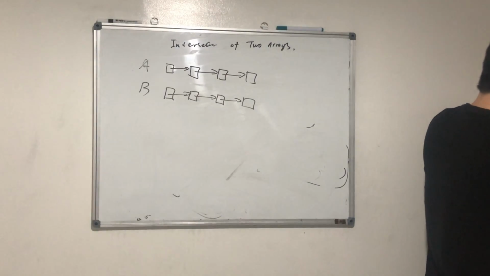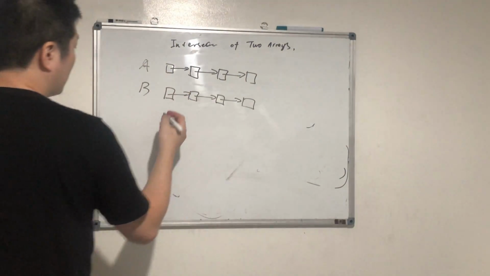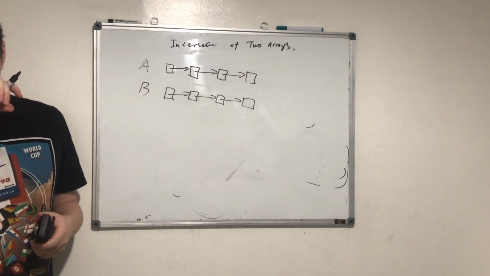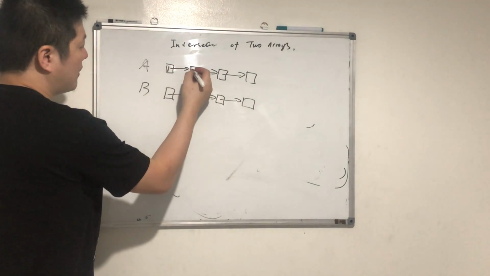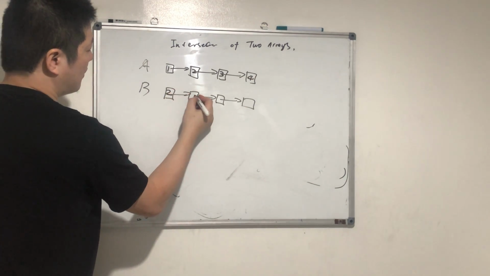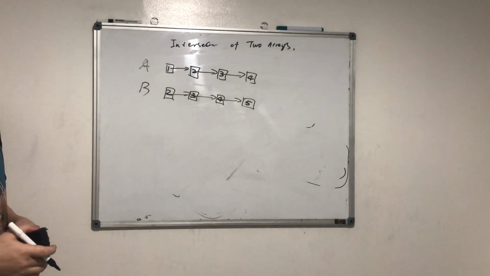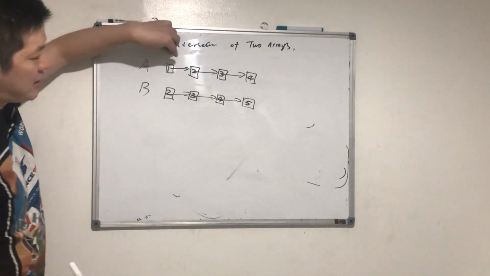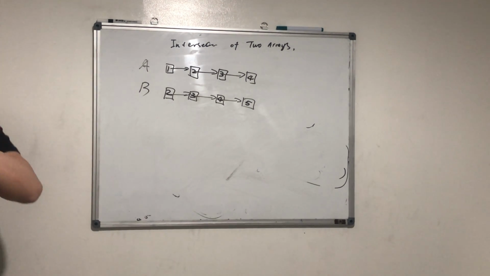Pretend A has half an apple and B has half an apple and you're trying to make a whole apple. You take away half of each one, then put them together, and the arrow's still there. Two pointers, yeah, exactly.